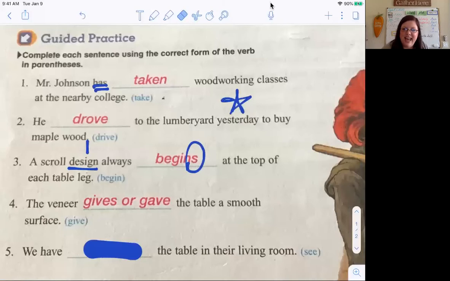Our last one for today, number 5. We have blanked the table in their living room. The action verb that we're using is see. Do we need to take a look and see if there's any clues? Well, of course we do. Now, I don't see anything in this sentence that tells us where it's happening in the past, like last week, last month, last year. But did you notice that there is an H brother in this sentence?